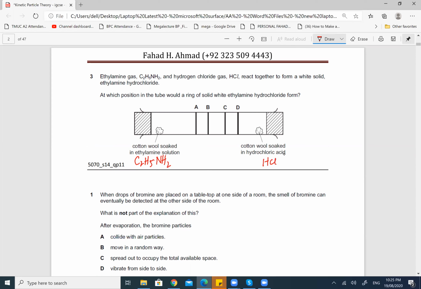So where would they meet in the middle? You can find the mass and then do the working. 24 equals 45. And that is 45.